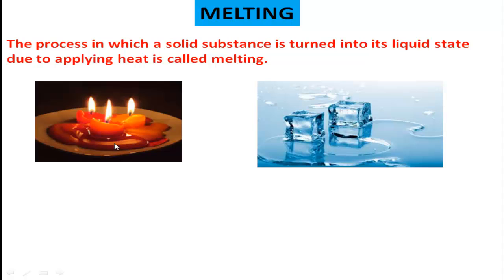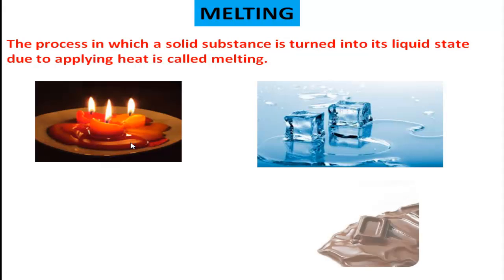So this melting is also a physical change. Follow here, from this change only this ice turns from its solid to liquid state. This wax turns from solid to liquid state, but its properties do not change, its properties remain unchanged. For this change, that is solid to liquid, this change is known as physical change.